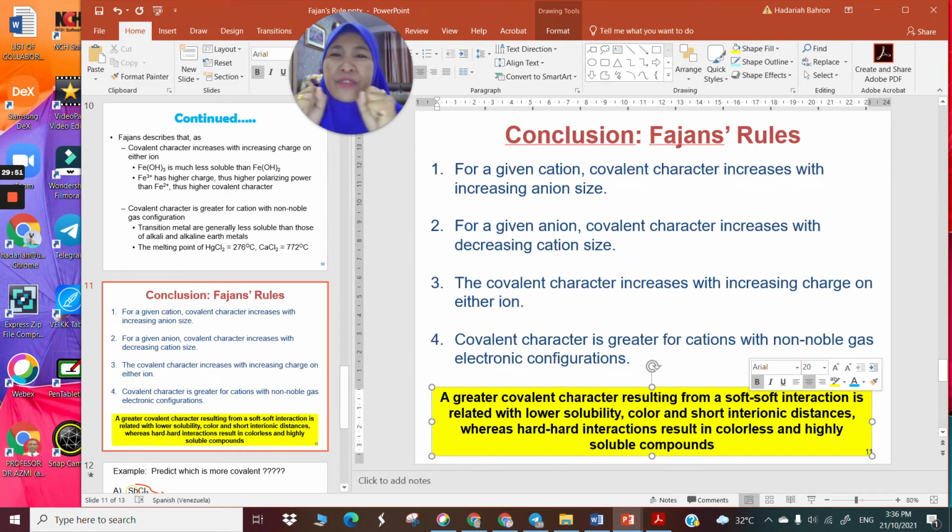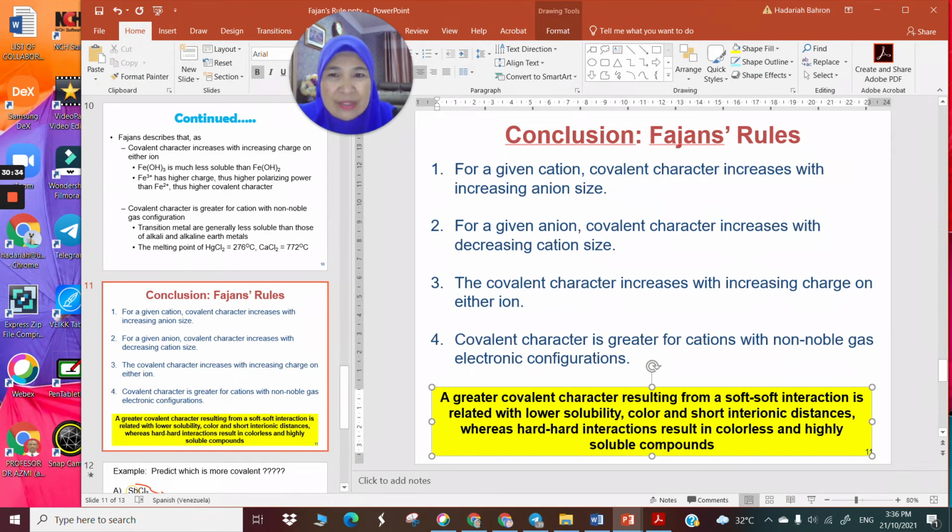When we talk about soft, we're talking about highly polarizable, big anion, big cation. When we talk about hard, that means small anion, small, highly charged cations. So the covalent character resulting from the soft interaction is related to lower solubility, color, and short inter-ionic distance, whereas hard interaction results in colorless and highly soluble compounds.